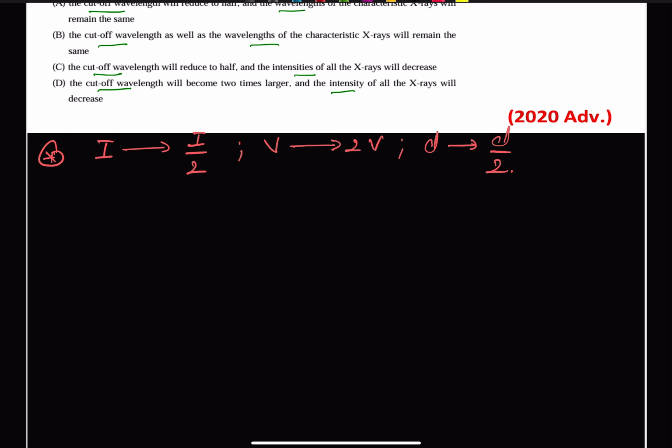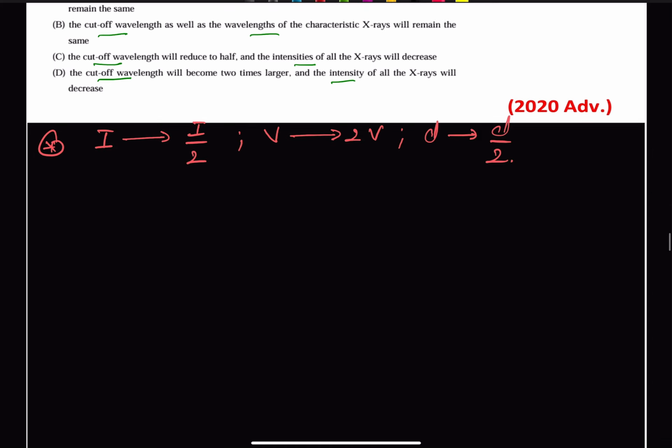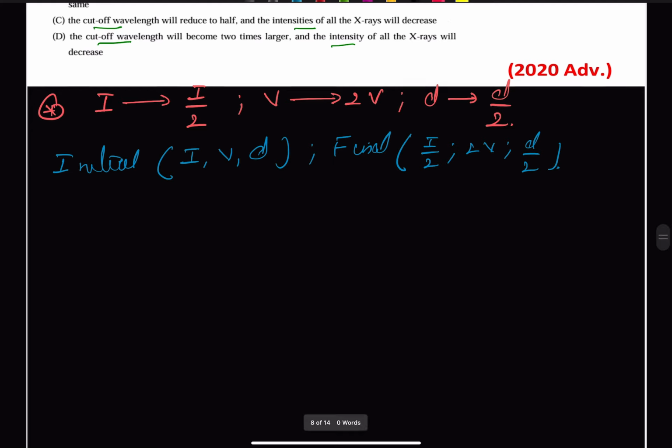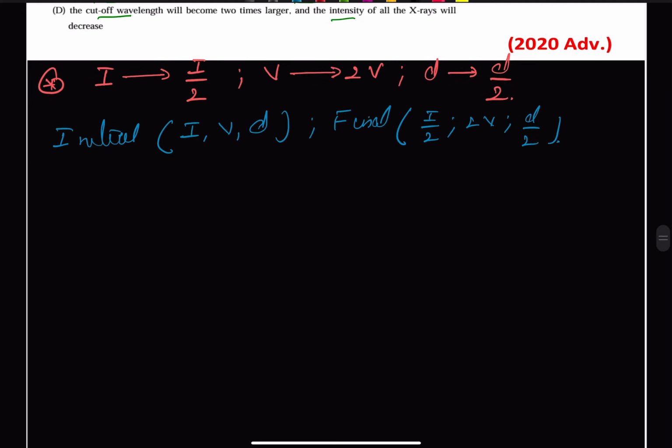Okay, so this is the basic change. Initially we are having current I, voltage V, and distance d, and finally we are given that current is I by 2, voltage is twice V, and distance is d by 2. Okay. So first of all, because A, B, C, D discusses the cutoff wavelength, let us solve for the cutoff wavelength.